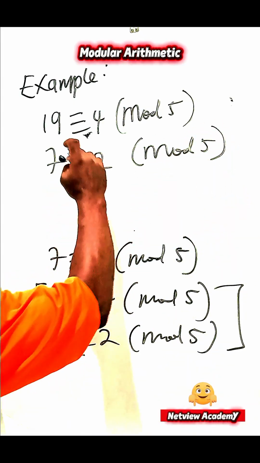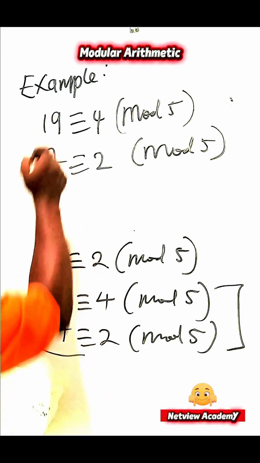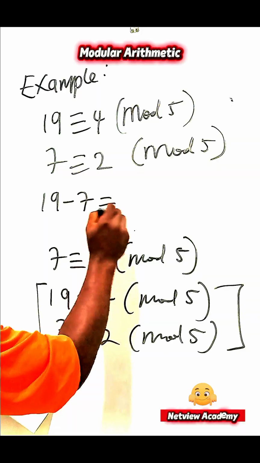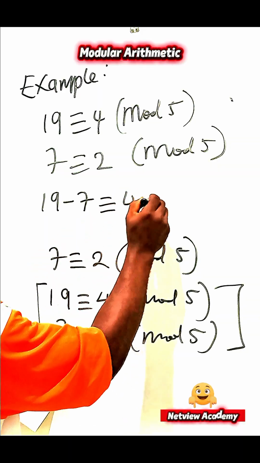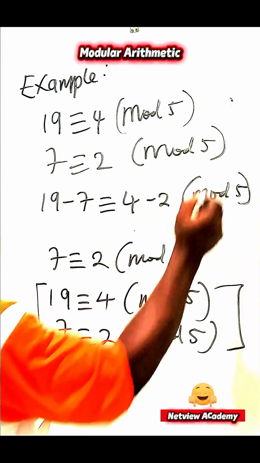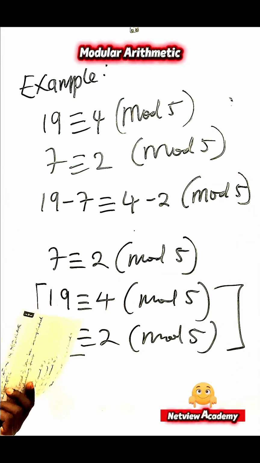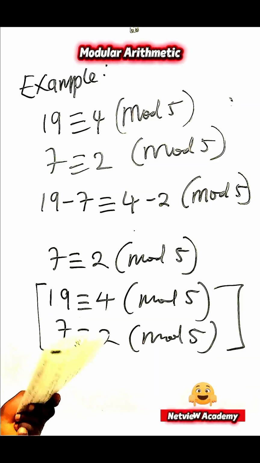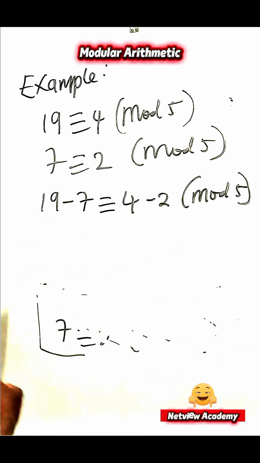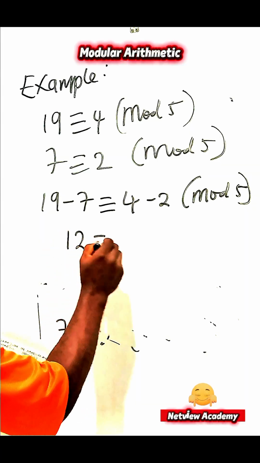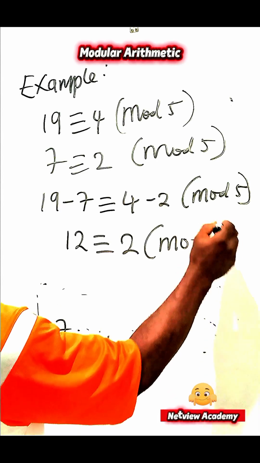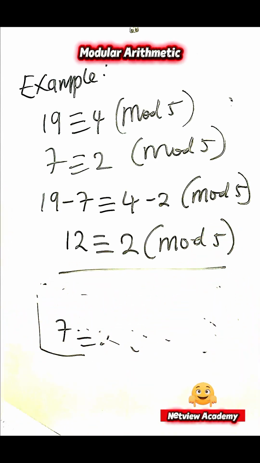To subtract the second value from the first value, this is what I'm going to do. 19 minus 7 is congruent to 4 minus 2 mod 5. So I'm applying the same rule for addition, but in this case, I'm subtracting instead of adding. So this becomes 12 is congruent to 2 modulus 5. So this is the answer.